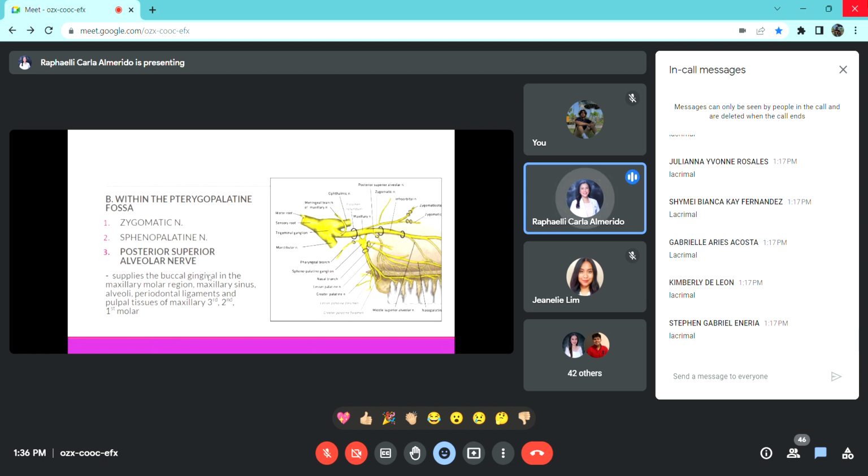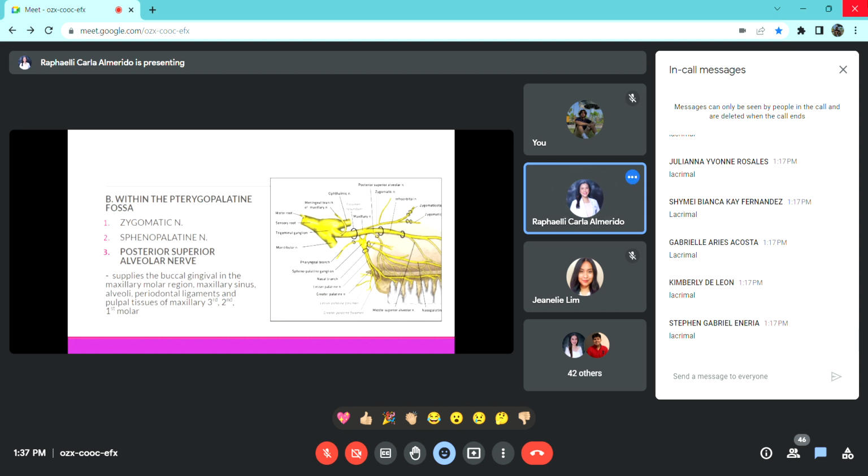So also within your pterygopalatine fossa is your PSAN, or the posterior superior alveolar nerve. So it supplies the buccal gingiva in the maxillary molar region, your maxillary sinus, the alveolar region, the periodontal ligament, the pulpal tissues of your maxillary first, second, and third molar.